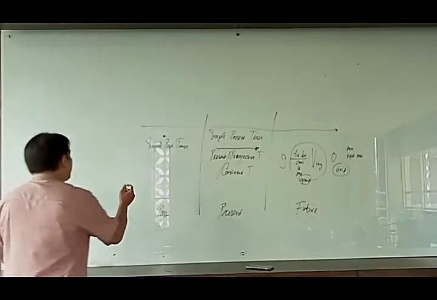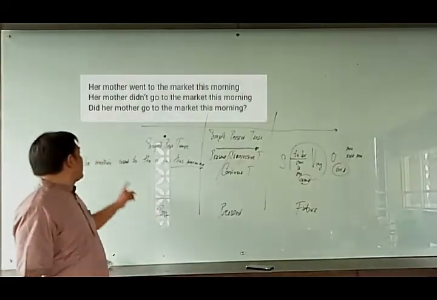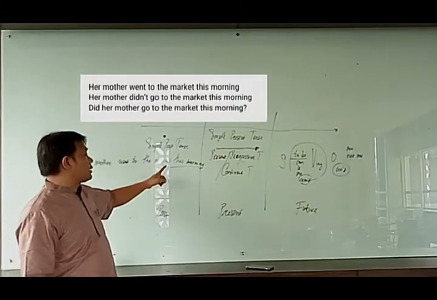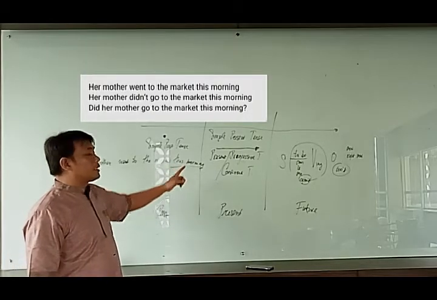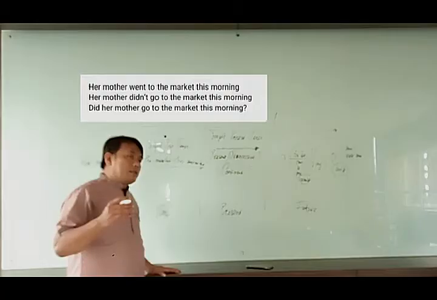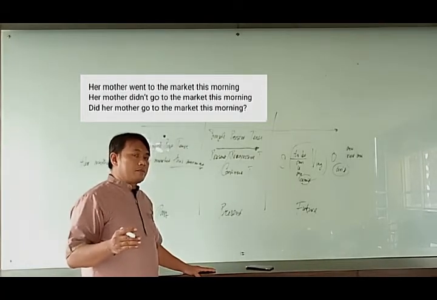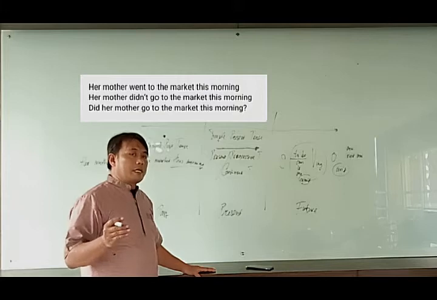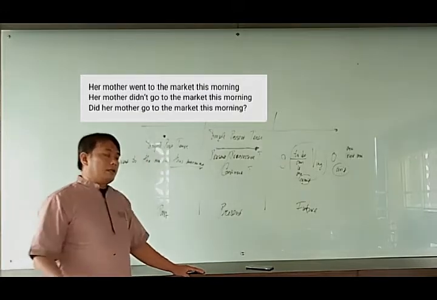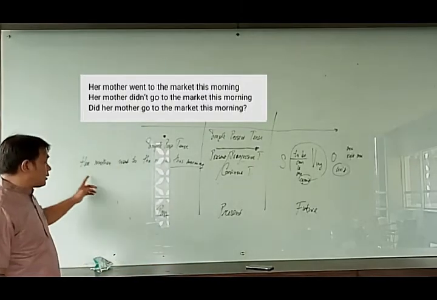So for example, when you say her mother went to the market this morning, maybe the time is before 10 o'clock, for example 7 o'clock, 8 o'clock, and other times before 10 o'clock.